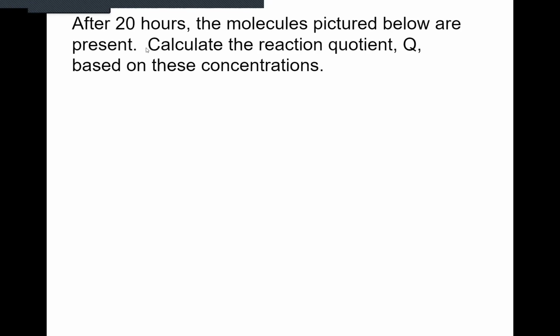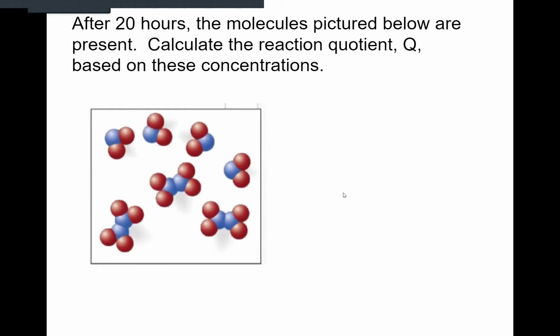Okay, one more picture. I don't want to bore you to death here, but it's good to get at least one more in for thoroughness sake. Now the chemist has waited 20 hours. So another 10 hours after the previous picture. And here's what we've got. 3 of the big molecules and 1, 2, 3, 4 of the smaller molecules.